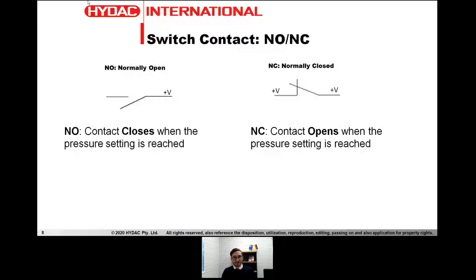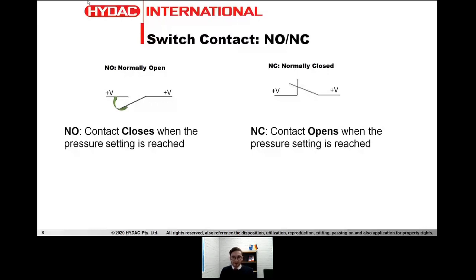So normally open, as you can see on the left hand side, generally dubbed NO, is a contact that closes when a pressure setting is reached. So in this case, we're looking at pressure, and the contact will close. When it closes, the voltage passes through, and it'll go to your system below.